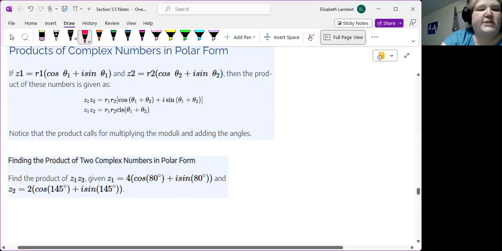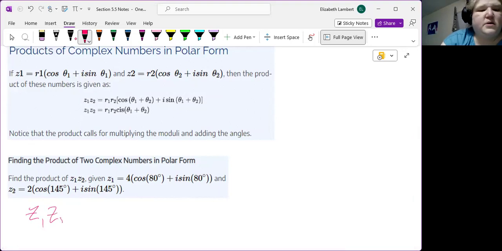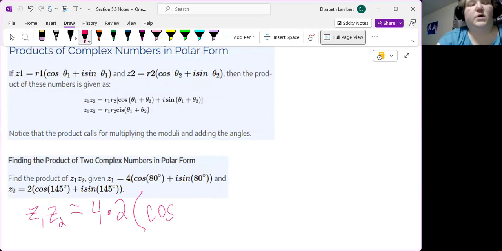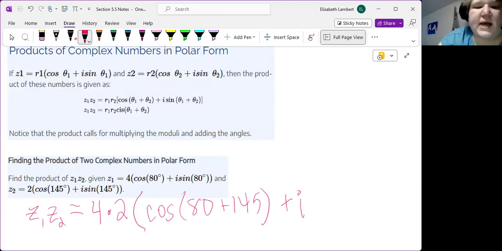So that's what we're going to do down here. So Z1 times Z2 is going to be 4 times 2 cosine of 80 plus 145 plus i sine 80 plus 145.